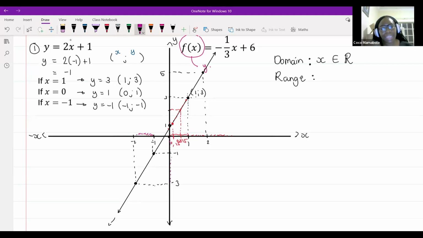So is there any y value that I will not get? Nope. I'm going to get all the y values on a straight line graph. As long as my x value corresponds, I'm going to get a y value. So for my range, I'm going to say that y is an element of all real numbers. Any real number that x will give me, y will also give me.